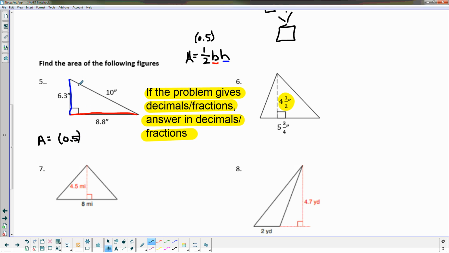This 10 is actually a distractor. I don't use it. I'm using these two, the blue and the red sides. So 0.5 times 8.8 times 6.3. And that would give you the area of this triangle.